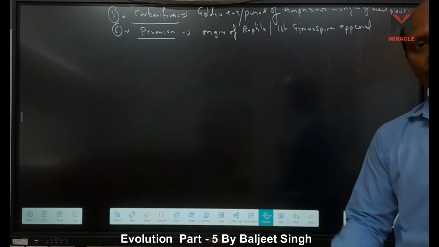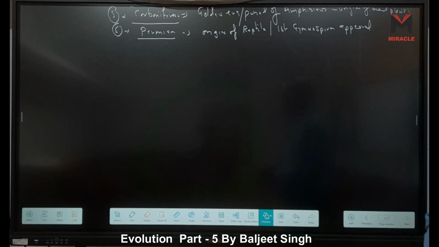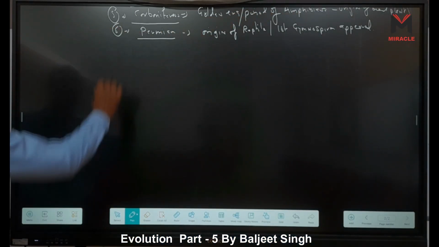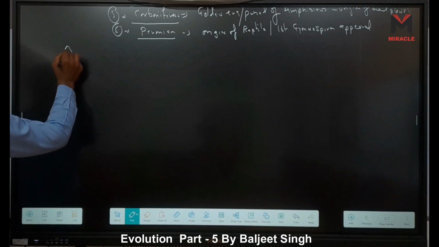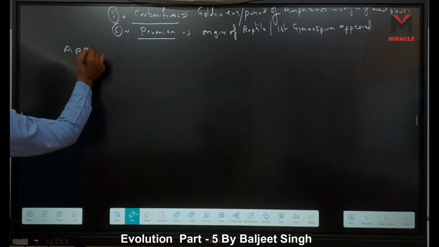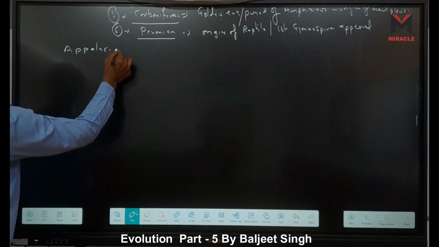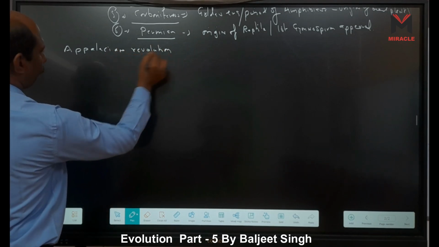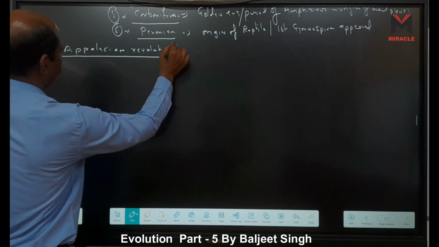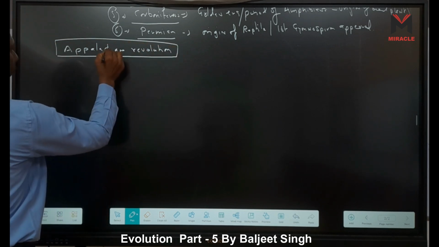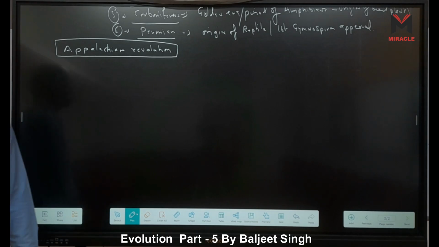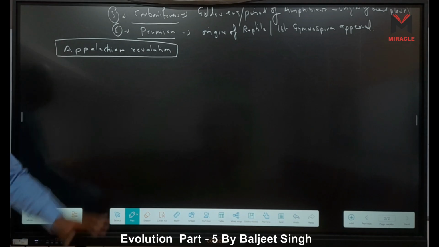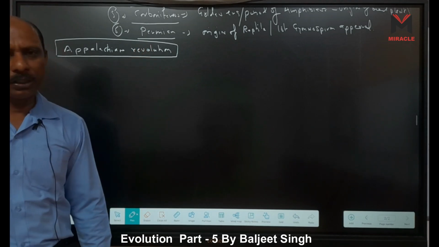Because the Appalachian mountain was formed due to continental drift in that period. When you search the map, you can understand where Appalachian is, right?